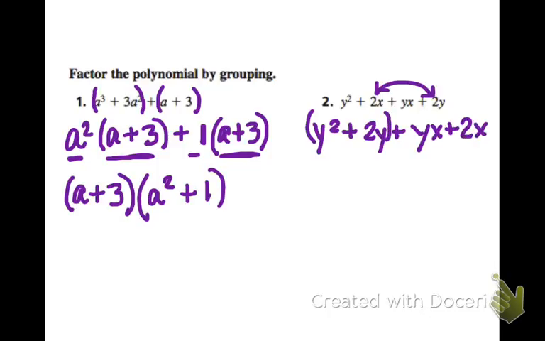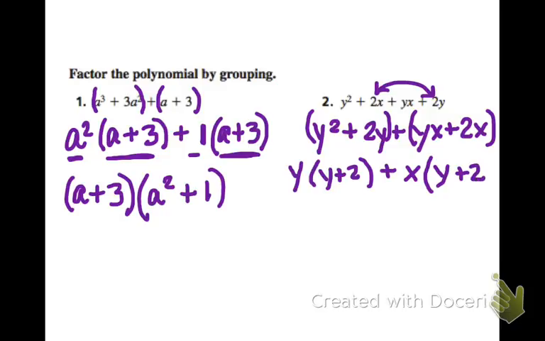Now I can group these 2 pairs, and in the first pair I will factor out a y, and I'm going to be left with y plus 2. And in the second group I'm going to factor out an x, and again I'm left with a y plus 2.